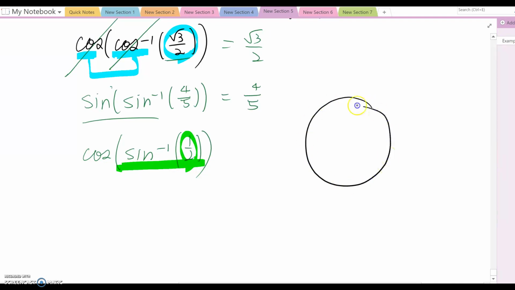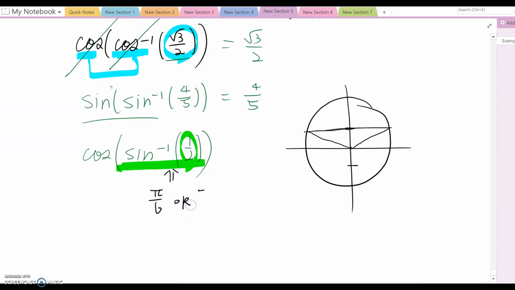So 1 over 2 is right here and here, so the corresponding angle is pi over 6 or 5 pi over 6 here. Right? So at that time, sine of these two angles will be 1 over 2. Therefore, this angle value is pi over 6 or 5 pi over 6.